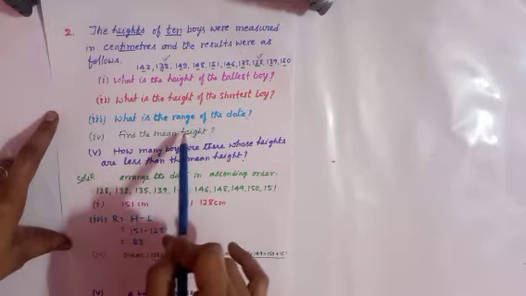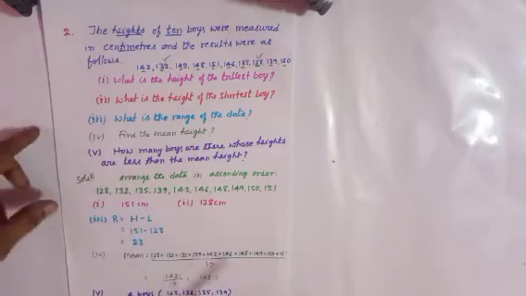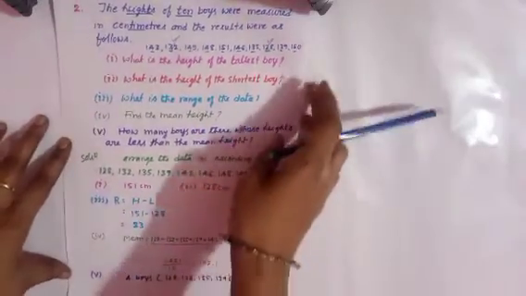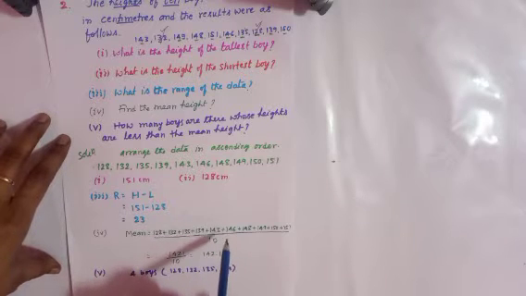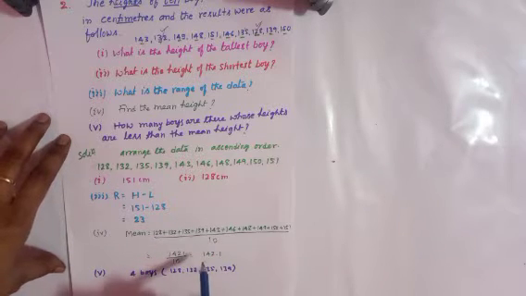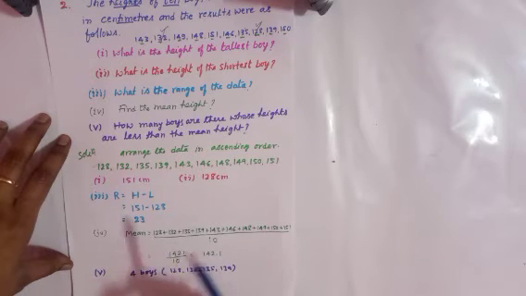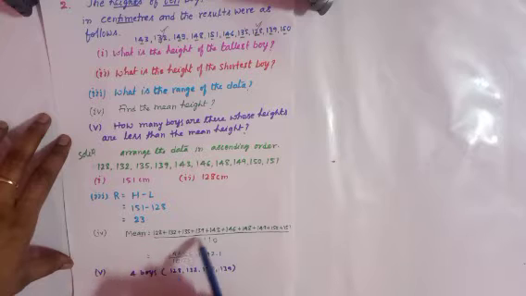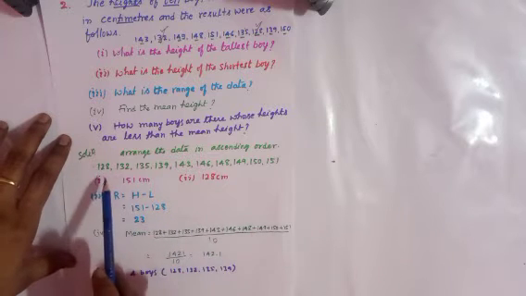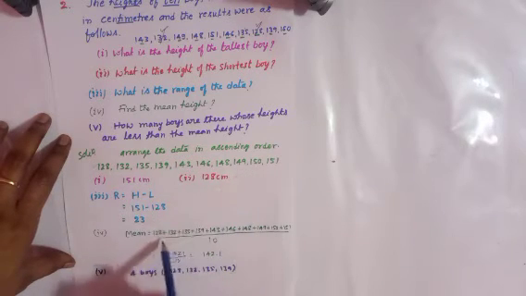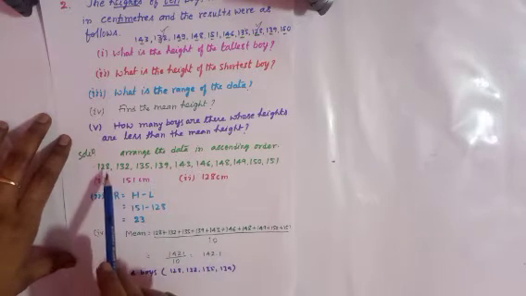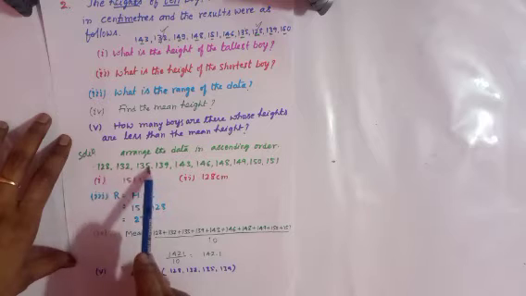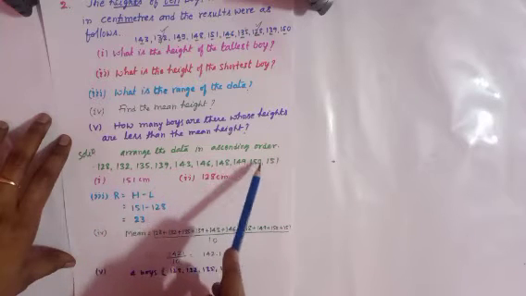Next question, find the mean height. Mean height equals sum of all observations divided by the number of observations. Sum of all observations means we have to add all the data, divided by how many data are there here? 1, 2, 3, 4, 5, 6, 7, 8, 9, 10.